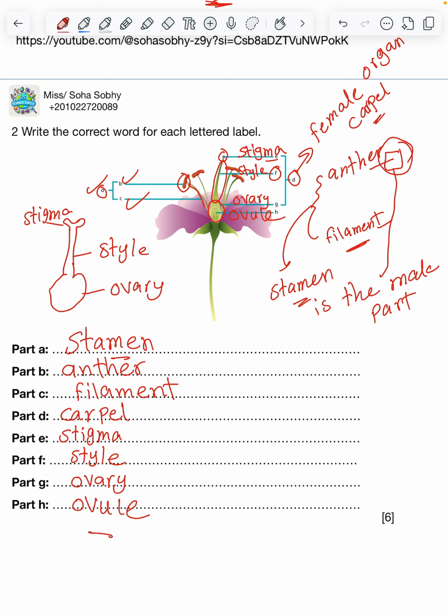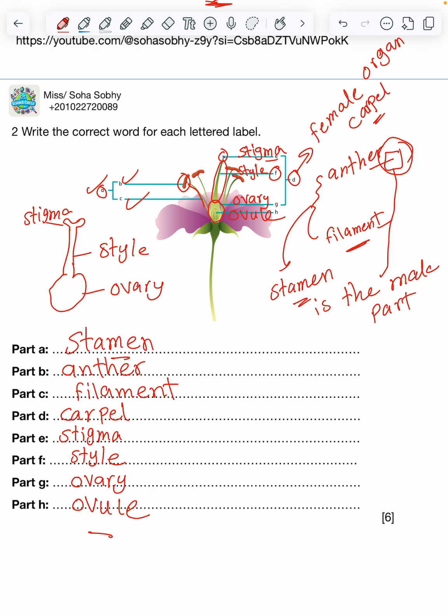Let's recap the functions of each part. What is the stamen? The stamen is the male organ of a flower. It is a part that produces pollen. Filament carries the anther. Carpel, this is the female part of a flower.